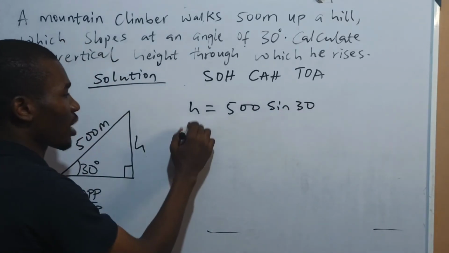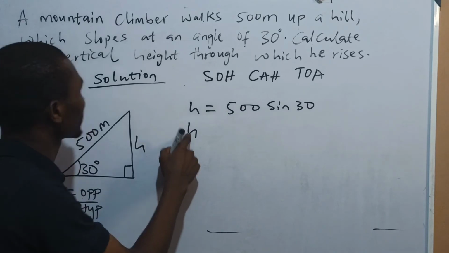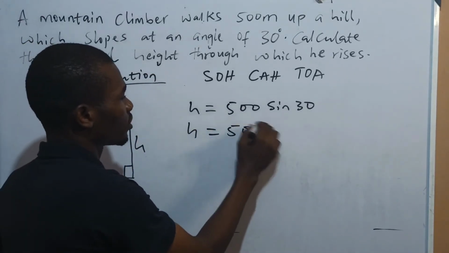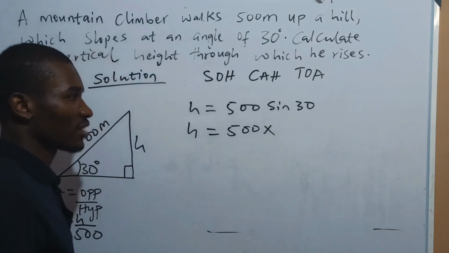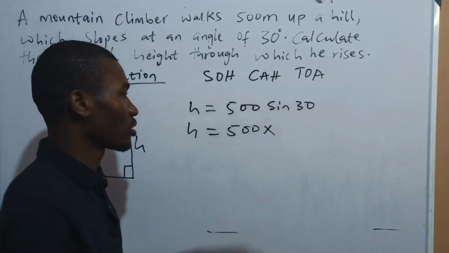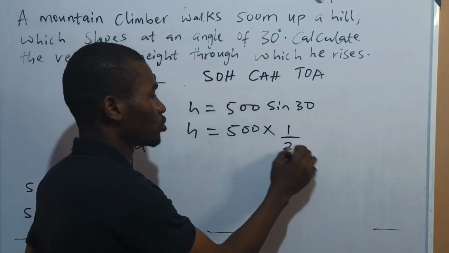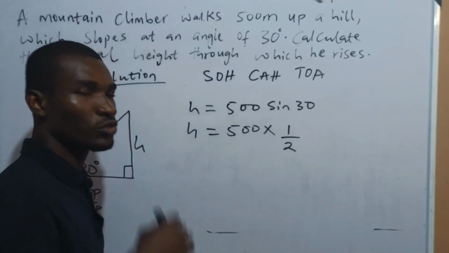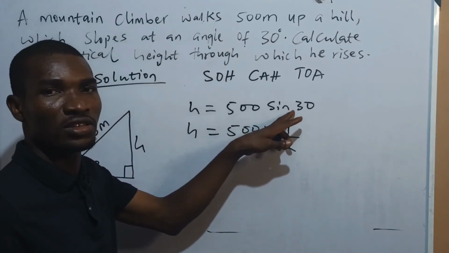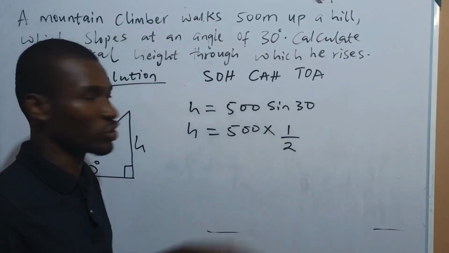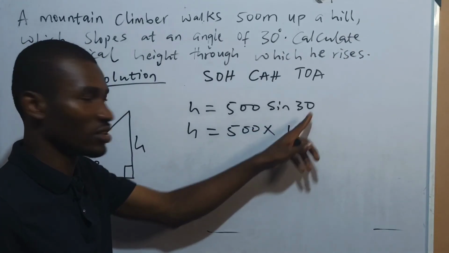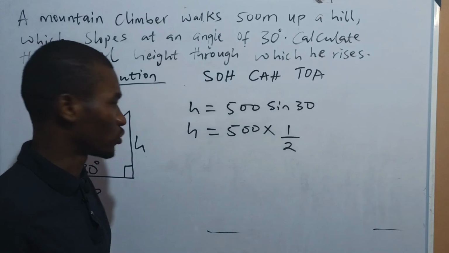Then we now have that our h, which is our vertical height we are asked to find, is equal to 500 multiplied by, remember that the ratio of sine 30 using special angles is 1 over 2. That is half. Try to trace my previous video where I showed how to find the special angle ratios, so that you can discover that sine 30 is 1 over 2.